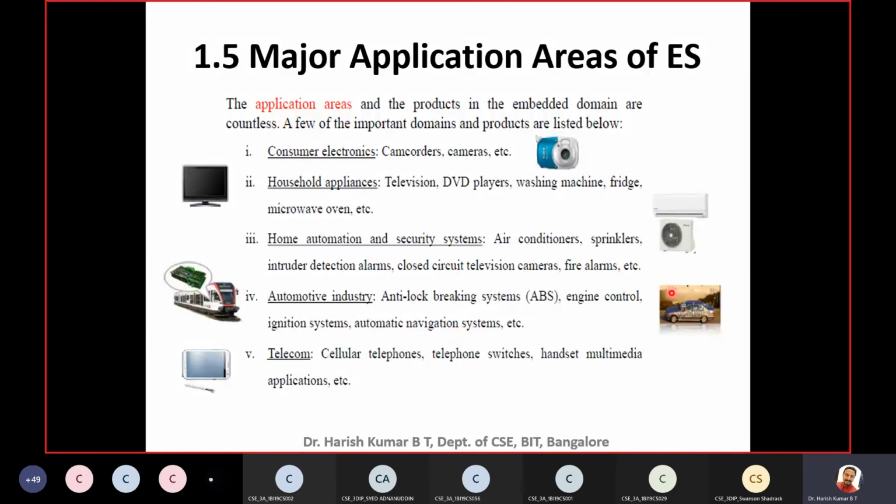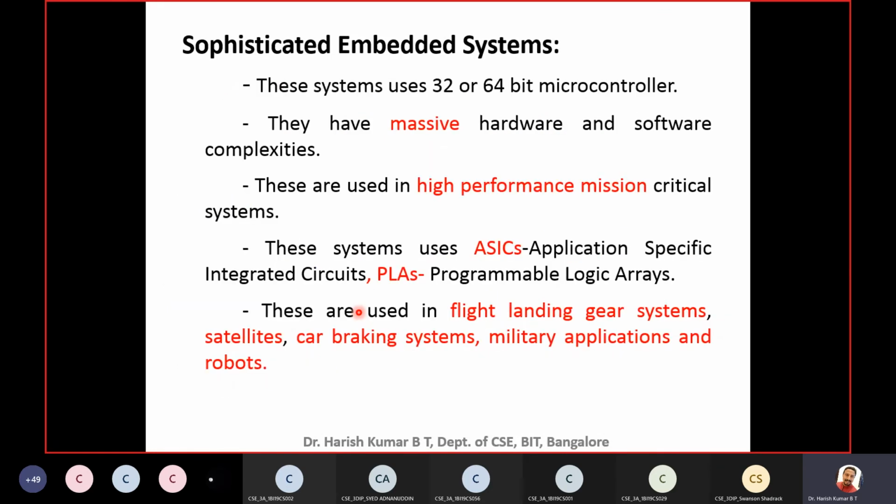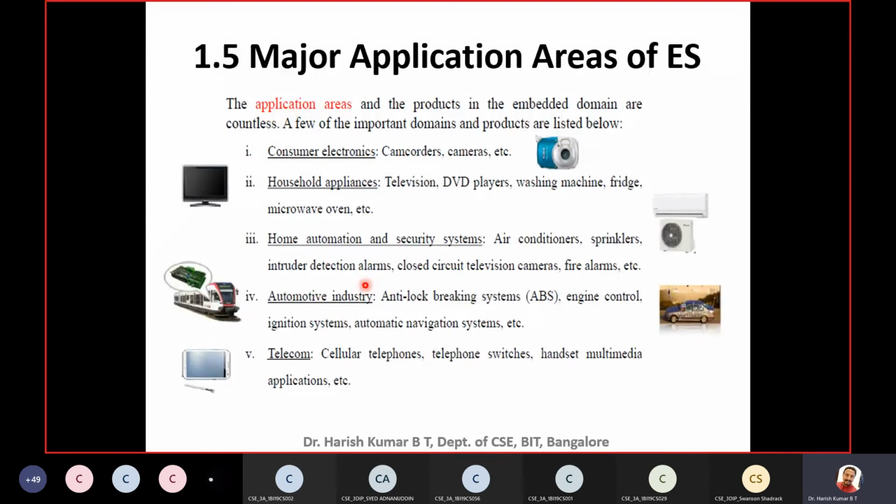Car I've put here, and even in the train it is there. And as I told in the earlier slide, even in flights to receive signals, radar signals, and in the flight landing gear systems also. Okay, so this is with respect to the automotive industry.